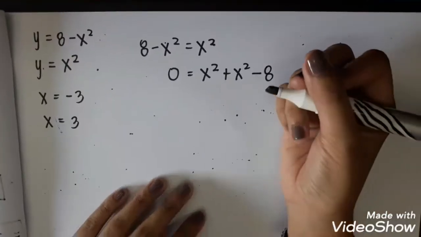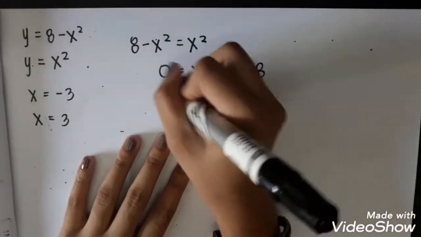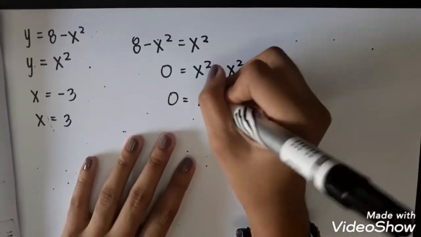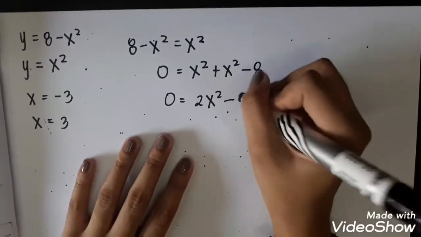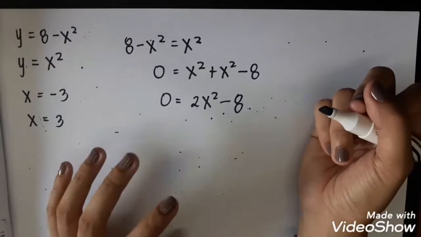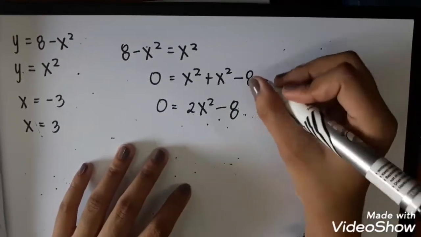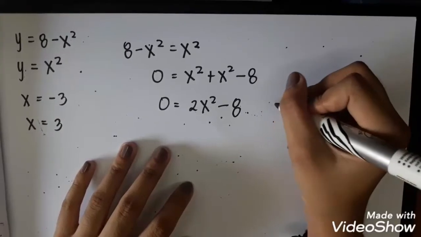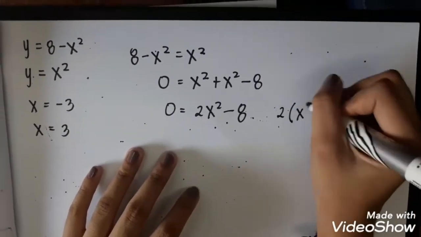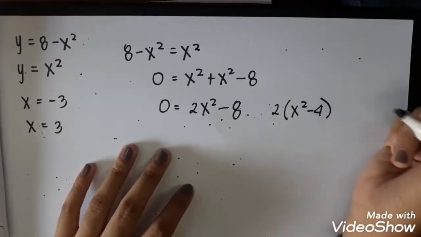They have the same variable, so we can write this as 2x squared minus 8. When we factor it out, we'll get 2 times x squared minus 4.